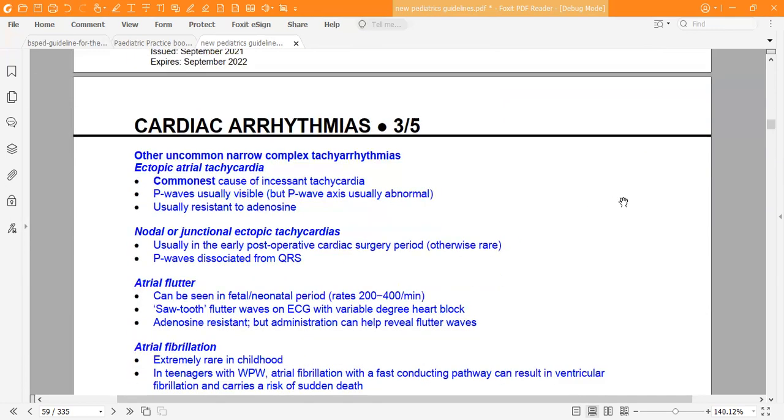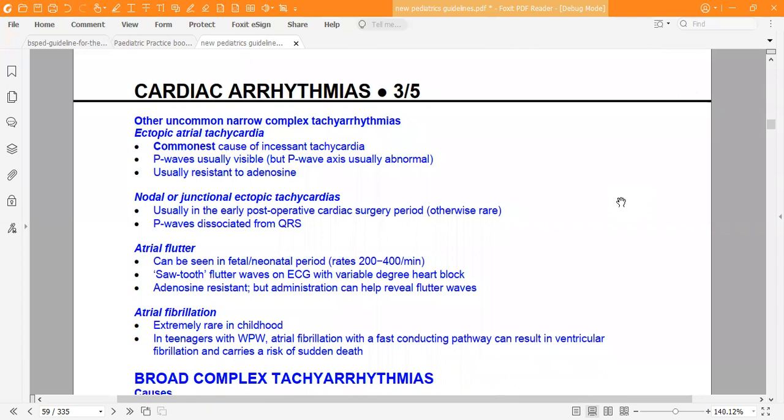Okay, other uncommon narrow complex tachyarrhythmias. We can read it in brief. All of us know that. Other uncommon narrow complex tachyarrhythmias: we have ectopic atrial tachycardia, the commonest cause of incessant tachycardia. P wave usually visible, but P wave axis usually abnormal, usually resistant to adenosine.